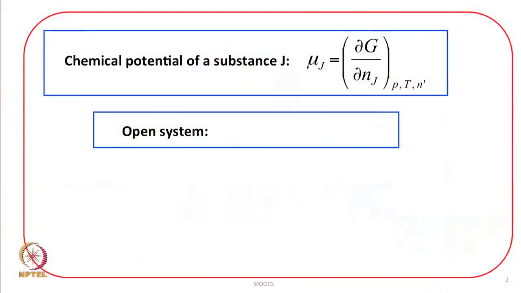Now, since we are talking in terms of changes in composition, we are now talking about an open system. We are allowing the composition to change. So, in an open system, the Gibbs energy will depend upon pressure, temperature, number of moles of component 1, number of moles of component 2, etc.